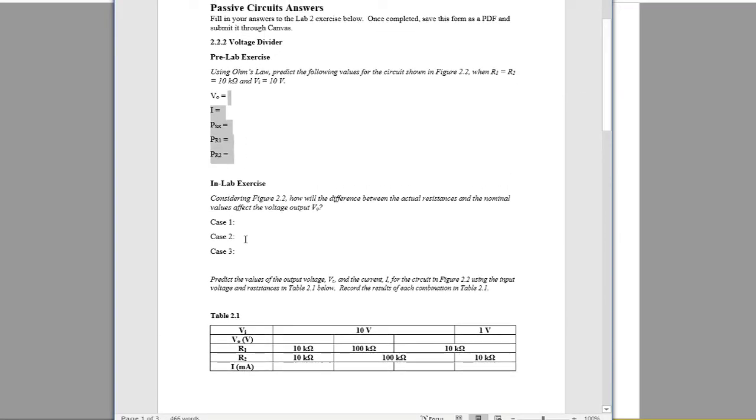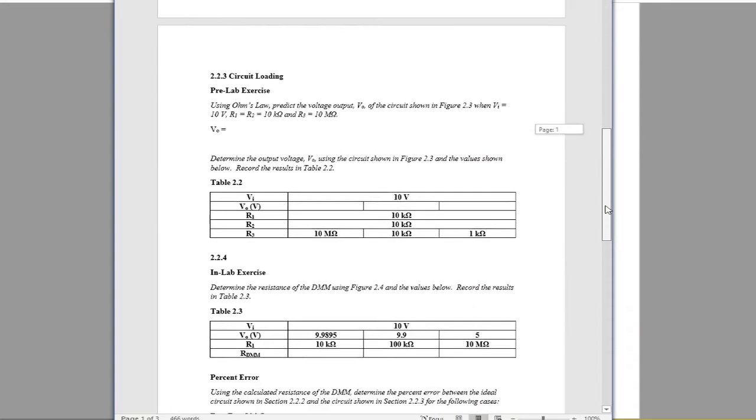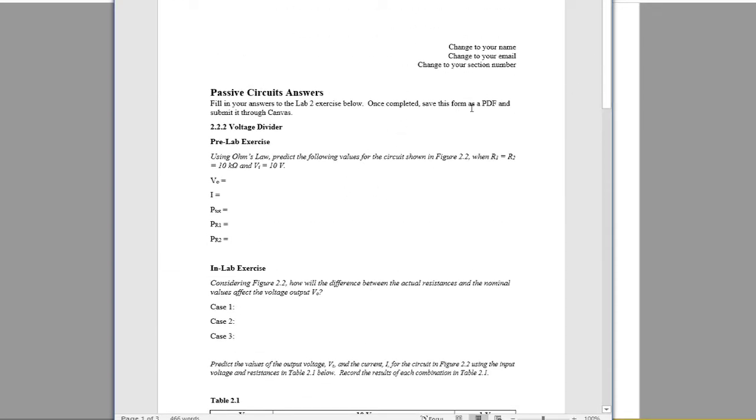We've given you blanks for everything we'll be looking for. You'll fill out the tables from the manual. And again, you're going to convert this into a PDF, and that's what you'll be submitting. So make sure your answers are all there, because this is what we'll be checking.